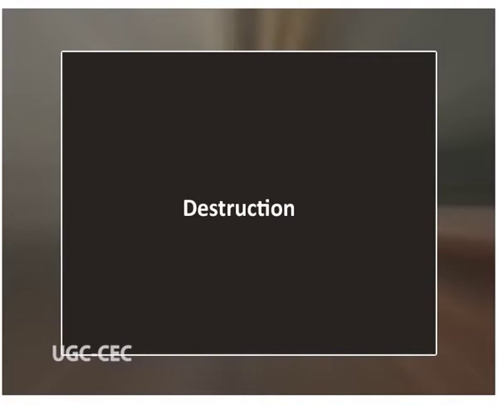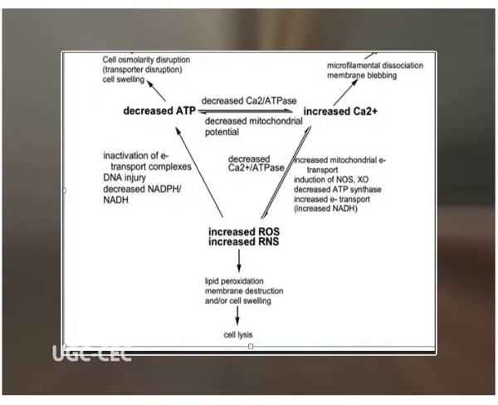Number second is destruction. Toxicants can cross-link or fragment target molecules. An example of fragmentation is free radical induced lipid peroxidation, which breaks down phospholipid cell membranes into reactive aldehyde species capable of further reactivity at sites further down.